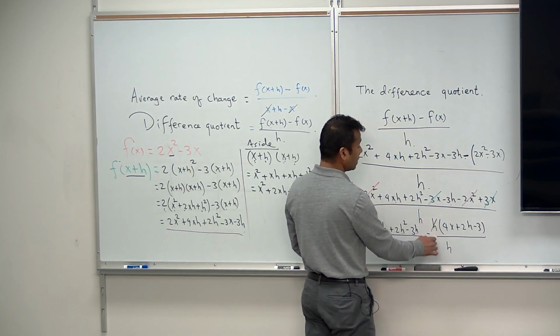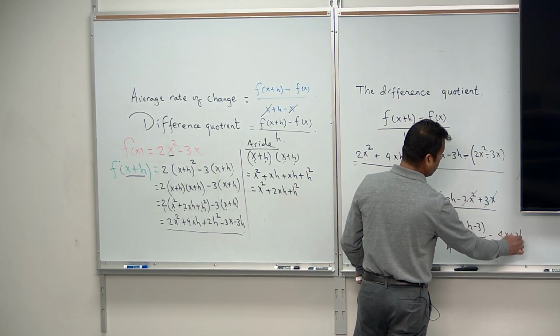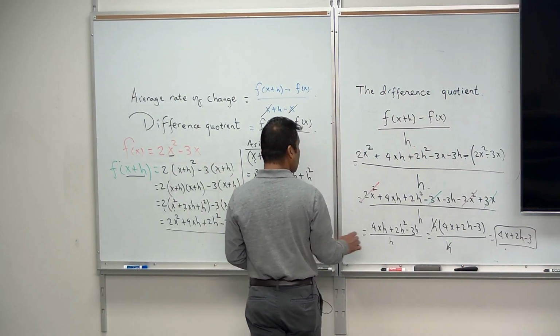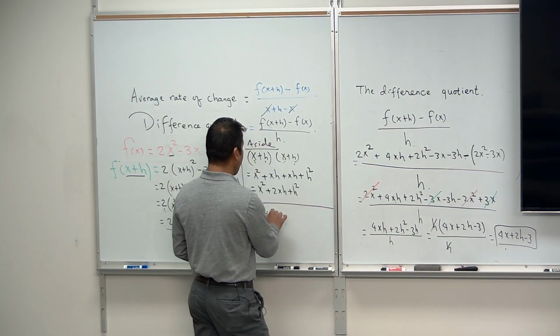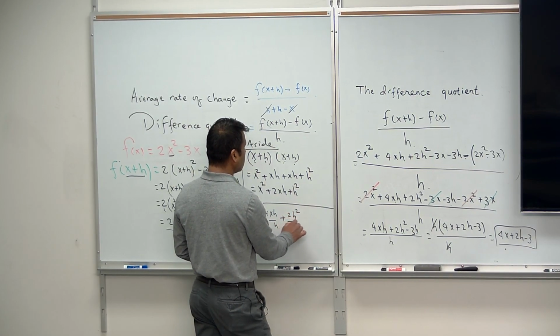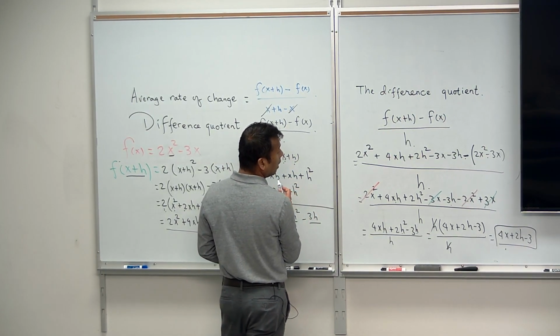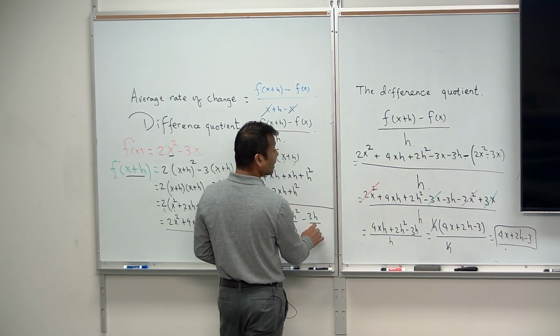This h cancels. So now you'll have 4x plus 2h minus 3. Or you can separate, you know what I mean? So you can do 4xh over h plus 2h squared over h minus 3h over what? 3h over h.